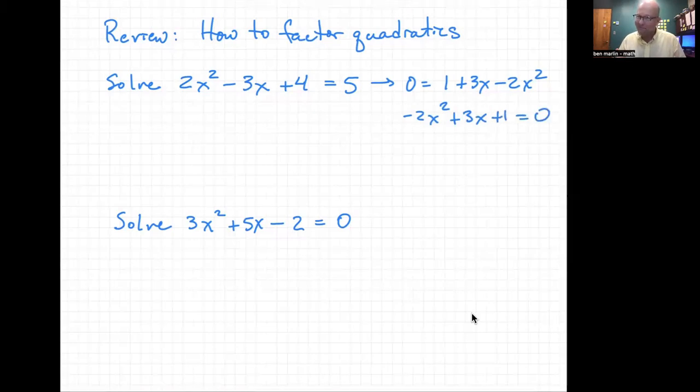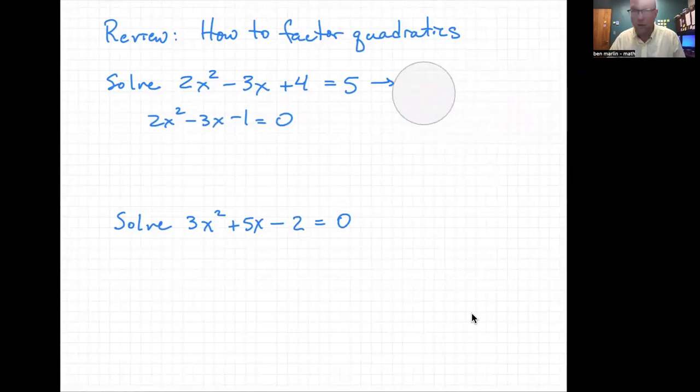But the stuff that we have set up is set up with the idea of having the lead coefficient be positive. So I would multiply everything by -1 and get 2x squared minus 3x minus 1 equals 0. Now, if you're looking at that and saying, couldn't you have just done that in the first place? Yes, you're right, I could have.